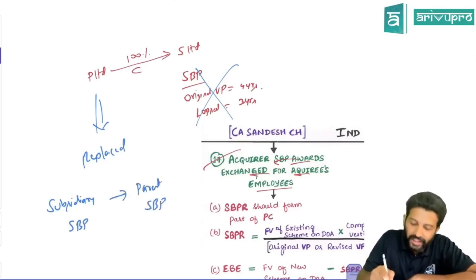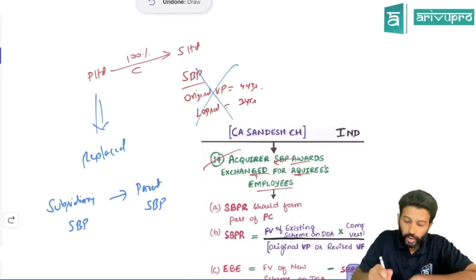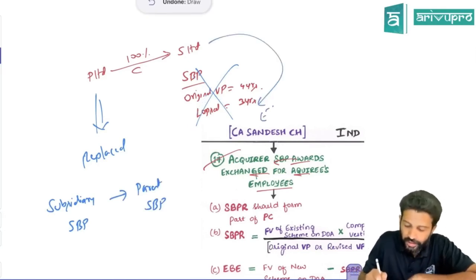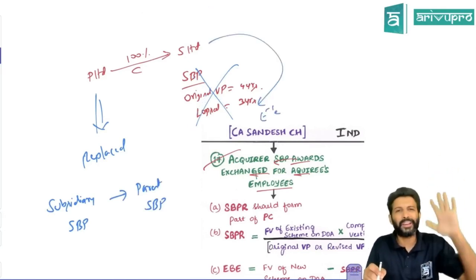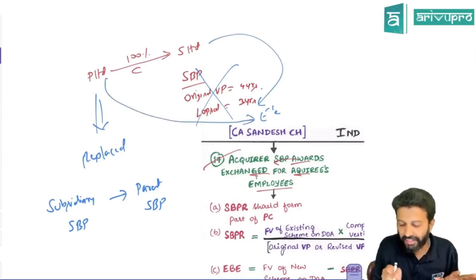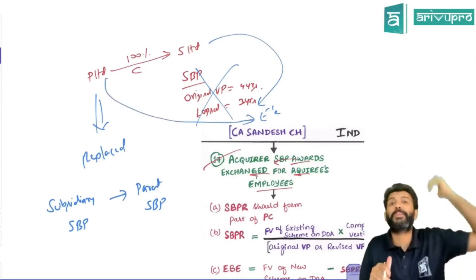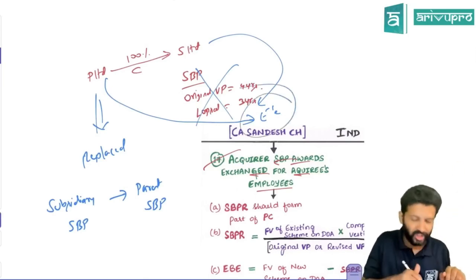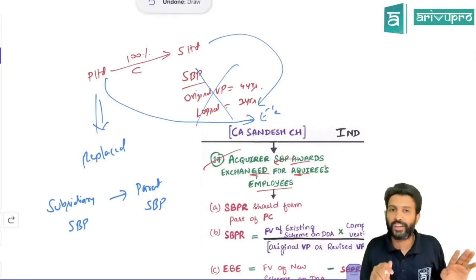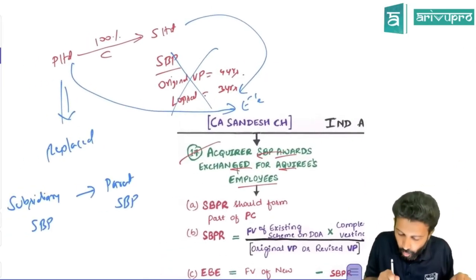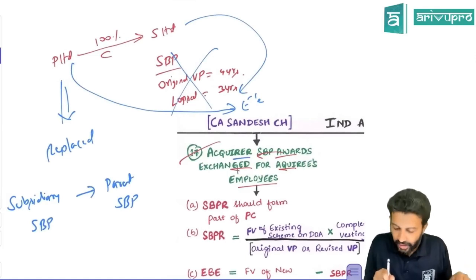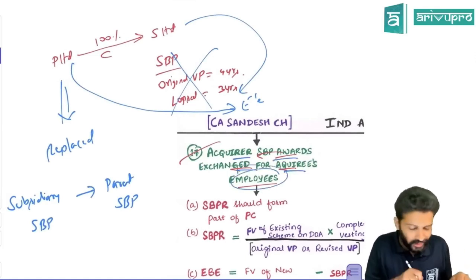Okay. P Limited is saying, let's cancel this plan. These plans were given to S Limited's employees. P Limited is saying to these employees now, I will give the shares. P Limited will give its own shares to the subsidiary's employees. Okay, that is what we are studying over here. This we call exchanged: acquirer, meaning P Limited, SBP awards exchanged with acquiree's employees.